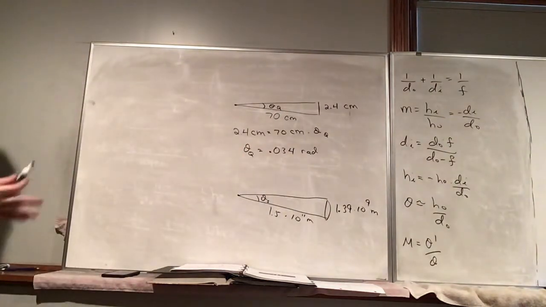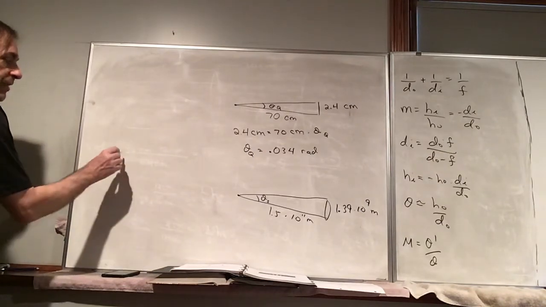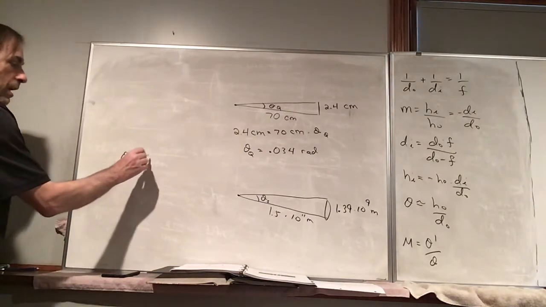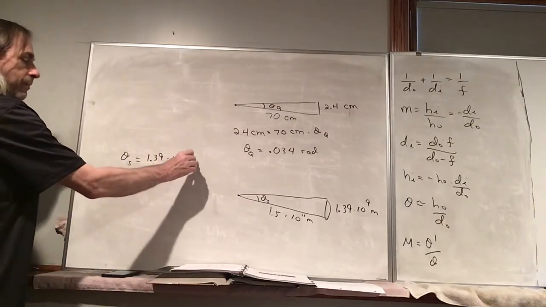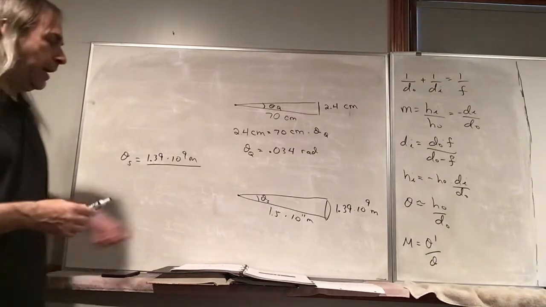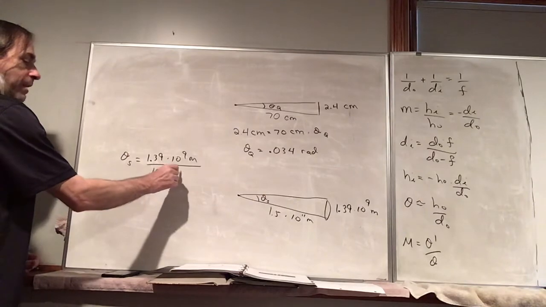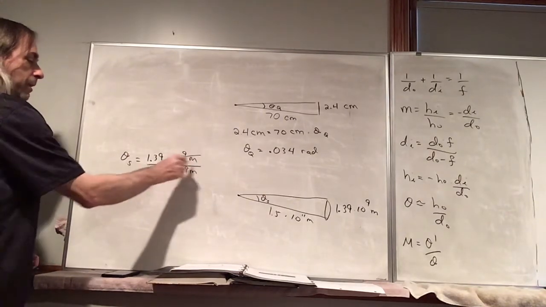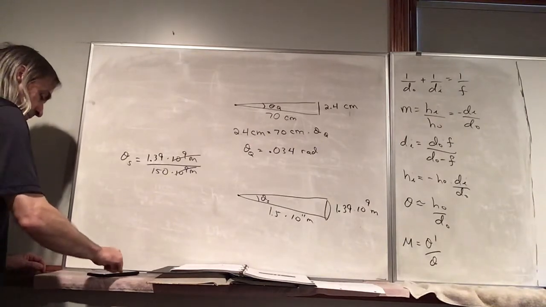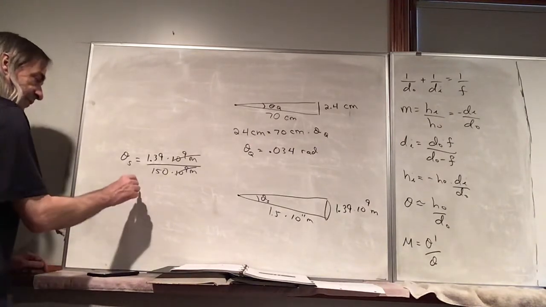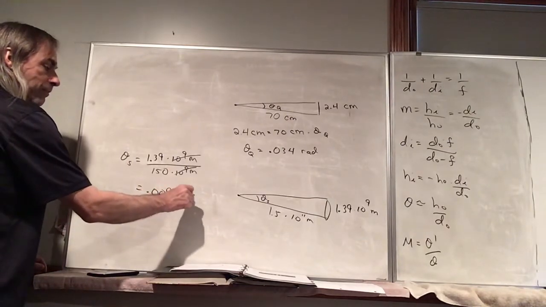Again, just using s equals r theta, theta for the sun would be 1.39 times 10 to the 9th meters over, and I'm going to write this as 150 times 10 to the 9th meters. So those cancel. So 1.39 divided by 150 is 0.0093 radians.